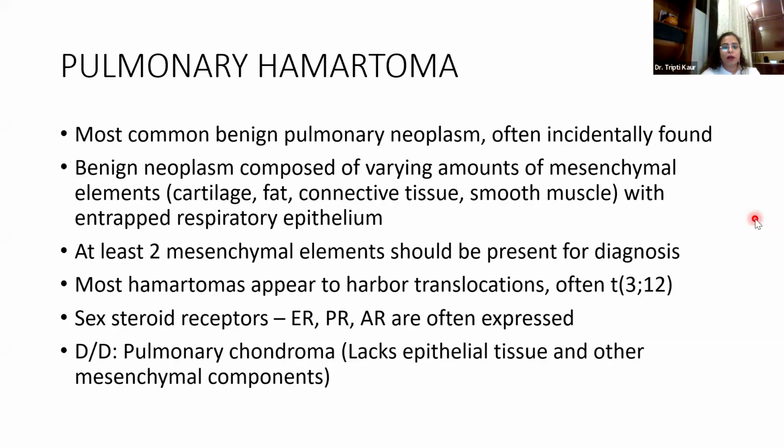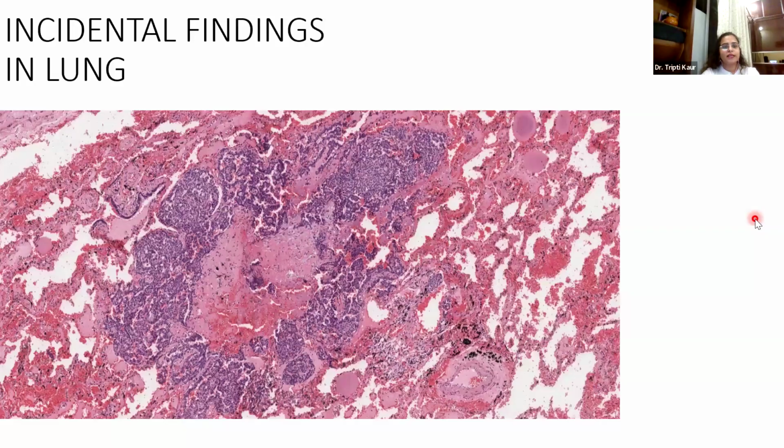Most hamartomas harbor translocations, often 12q14, and they are positive for ER/PR/AR. You can write in your comment section that sex steroid receptors can be done and translocations can be done.